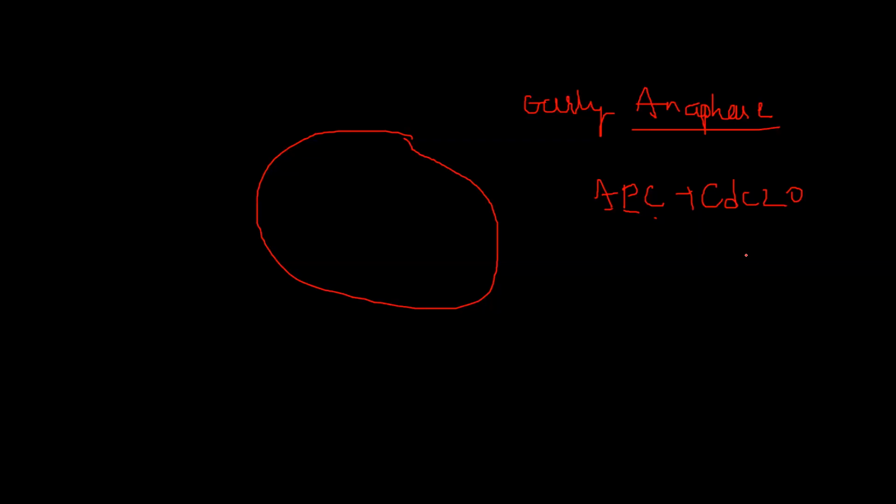I'm not going into detail of that particular thing, but it will form the active anaphase promoting complex. As the name suggests, it is an anaphase promoting complex. So, have you heard about securin and separase?